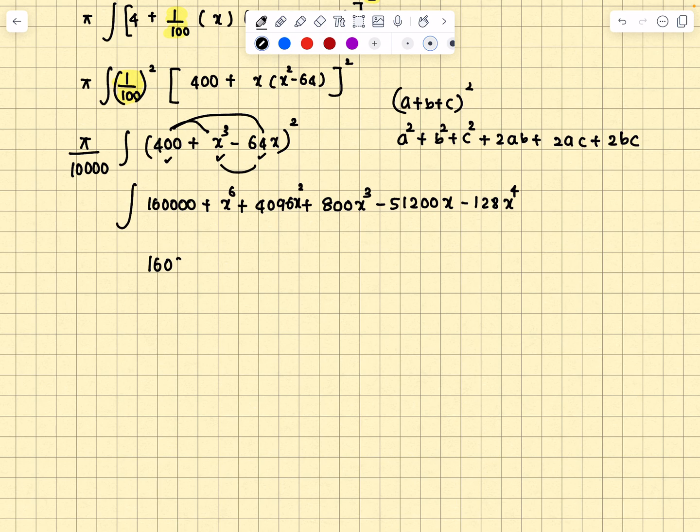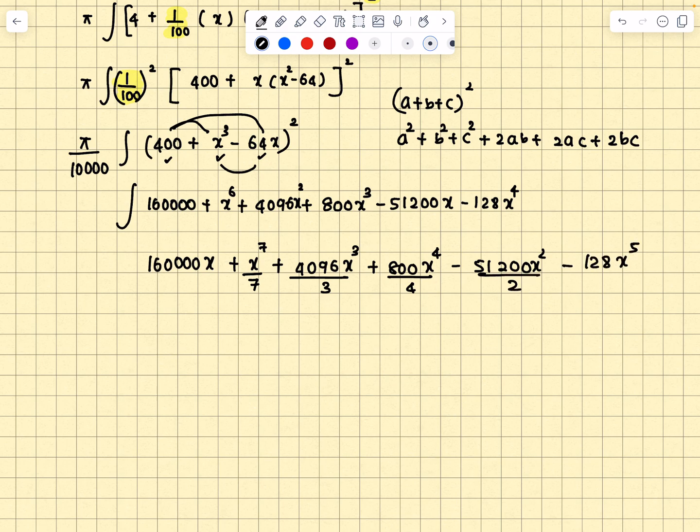So 160,000 x to the power of 7 over 7, 4,096 x cubed over 3, 800 x to the power of 4 over 4, 51,200 x squared over 2, 128 x to the power of 5 over 5. And times it by pi over 10,000.